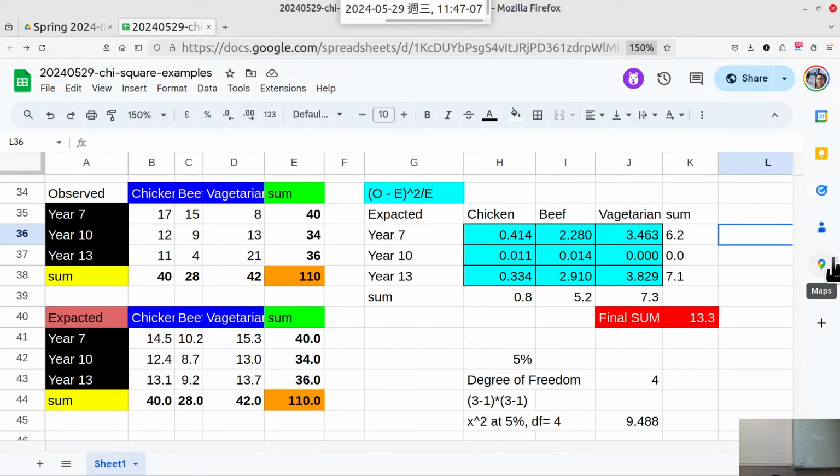You can check my file. It's open to everyone, and you can check all the values. You can make a copy in your Google Office or your Microsoft Office, either is okay.